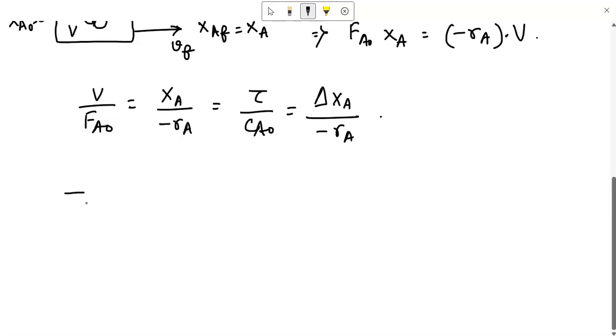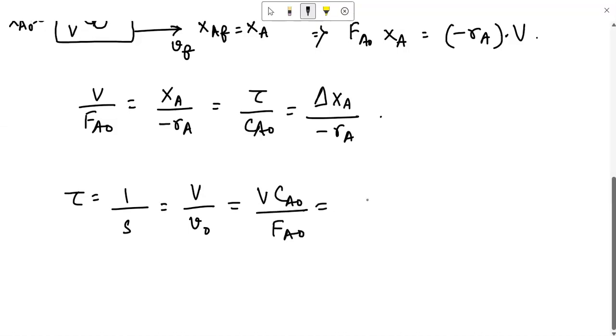Now you know tau is 1 by space velocity, that is 1 by s, which equals V by v naught. So you can also write V Ca0 by Fa0 equals Ca0 Xa divided by minus Ra. Okay, and this is valid for any volume ratio epsilon A.